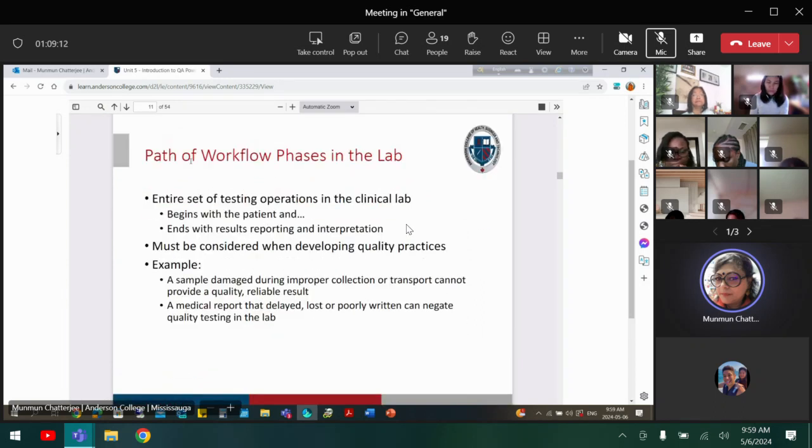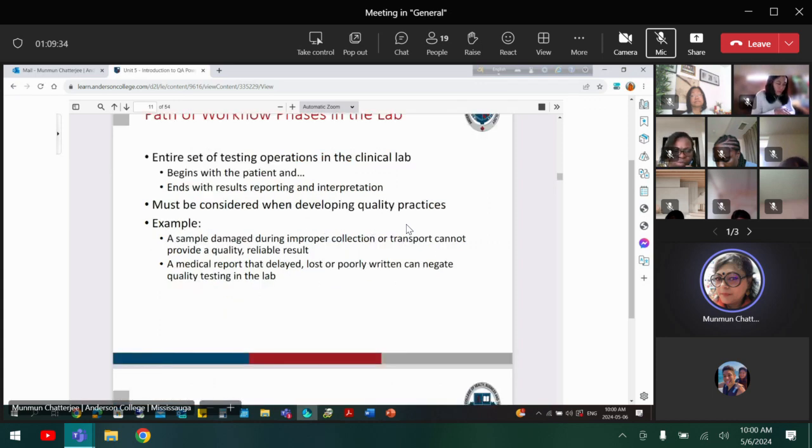So, the path of workflow phases in the lab: how samples enter, setup, testing or operation in the clinical lab. It begins with the patient, as we discussed, and ends with the results, reporting and interpretation by the doctors or physicians. So it must be considered when developing quality practices.